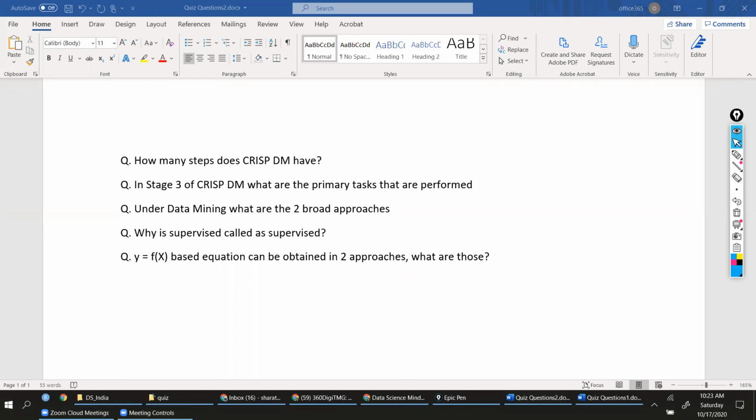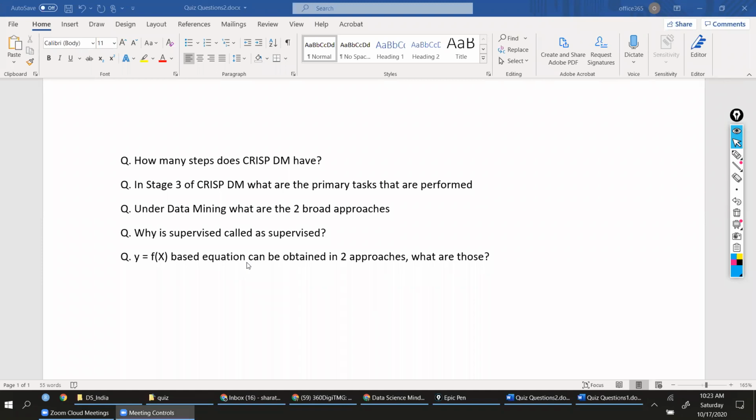How do you define that relationship? Mathematically, you have to express that, right? If you have to express that mathematically, then you need to understand the function which can be used to define the relationship between y and x.